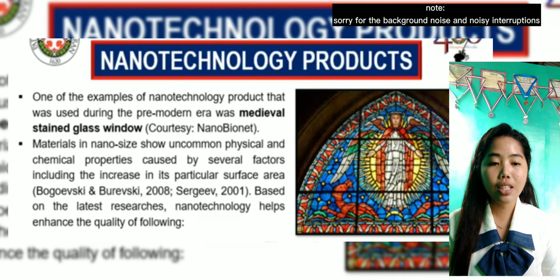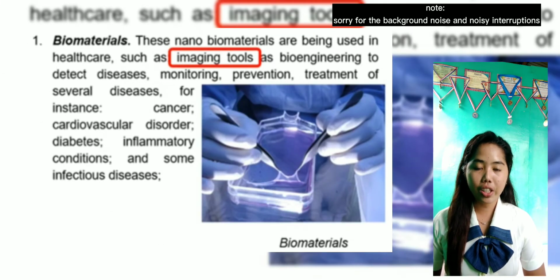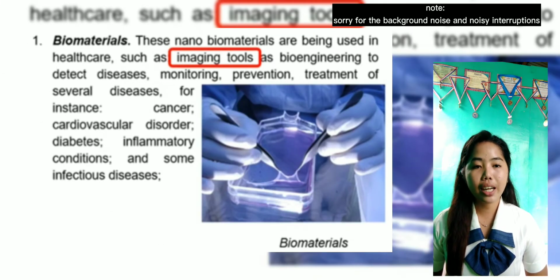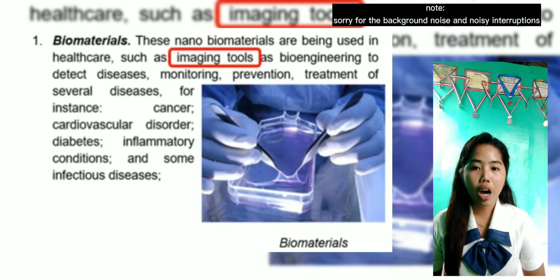Based on the latest research, nanotechnology helps enhance the following qualities. First is biomaterials. Biomaterials, including tissue, are artificial materials used for the repair, replacement, and stimulation of biological systems.